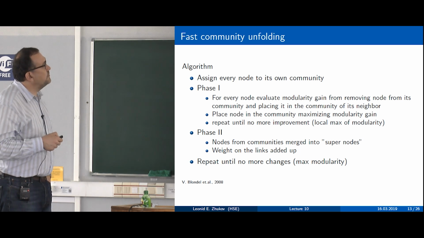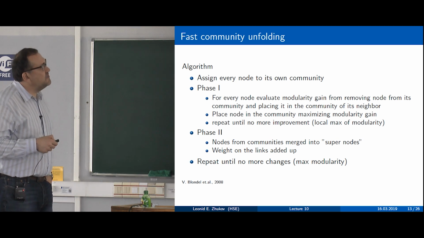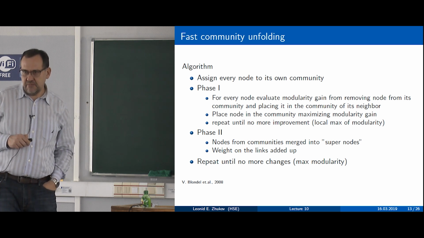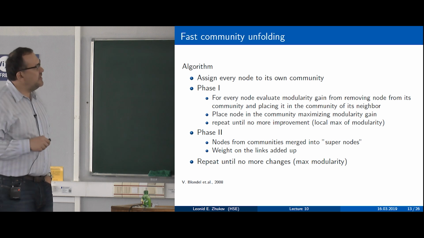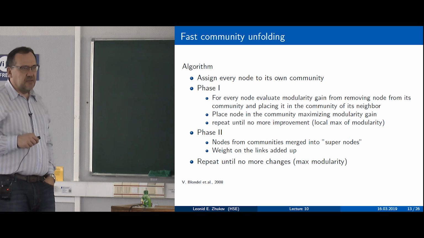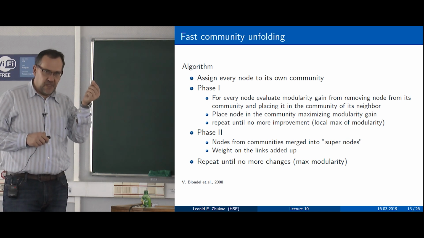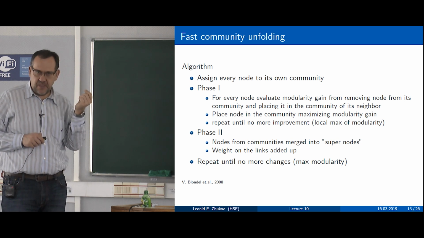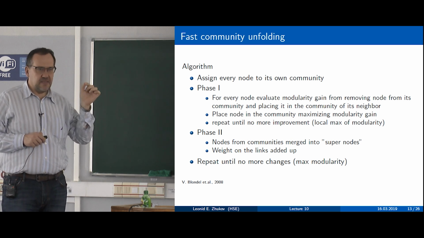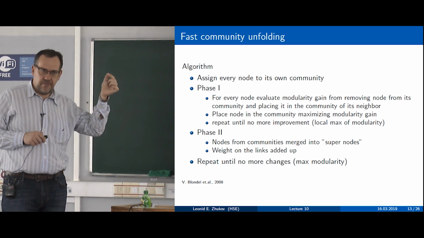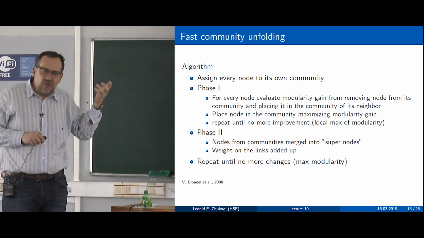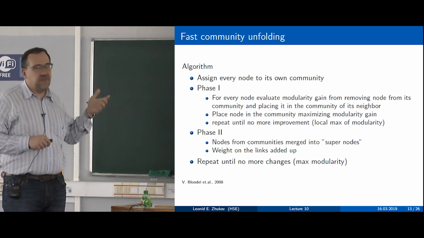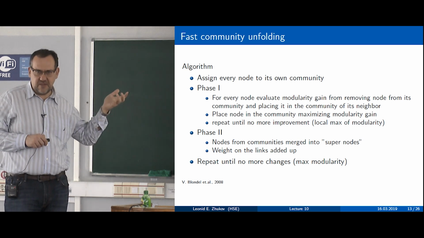So what you do is the following. We start by assigning every node to its own community. Then we pick a node and look at its neighbors. Let's take this node and merge it with a neighbor into one community, meaning join the community of your neighbor, and see if that increases the overall modularity, if that function becomes larger.